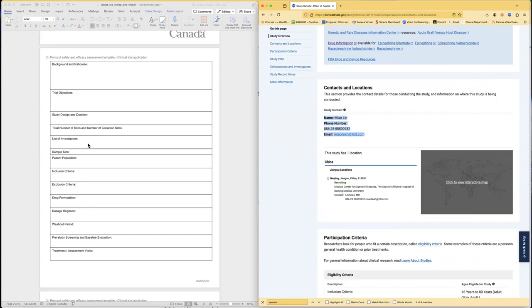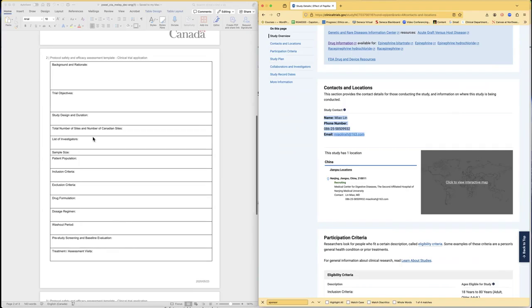If not, a regulatory affairs professional has access to the list of investigators, because we have a department that may be called medical affairs or clinical research, where they do have all of the information related to the studies. So a regulatory affairs professional can always contact those departments and get the information.